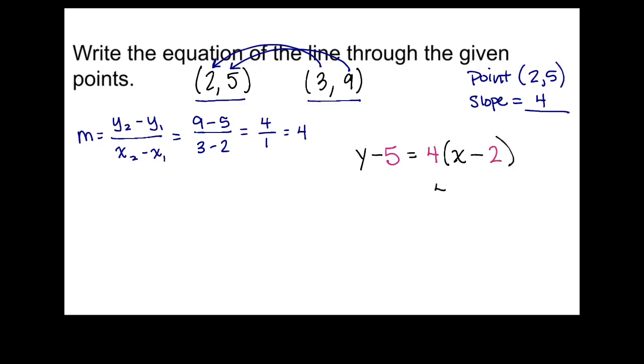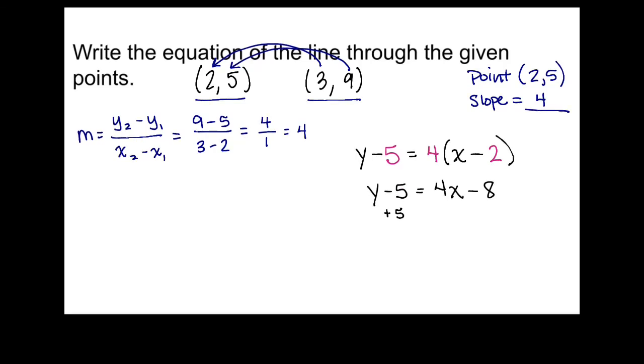So then I get 4x minus 8, and that's y minus 5. And then I add 5. So I get y equals 4x minus 3.